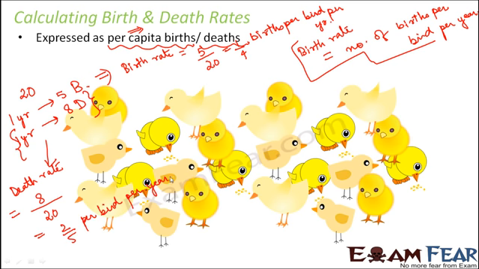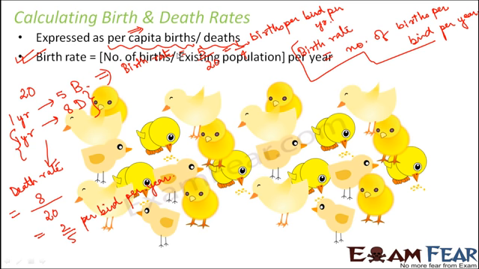So this is how we get an idea about the birth rate or the death rate of organisms in a population. So please remember, this is how we try to calculate birth and death rates. So we can say that birth rate is equal to the number of births by the existing population per year. So that's what I explained just now.